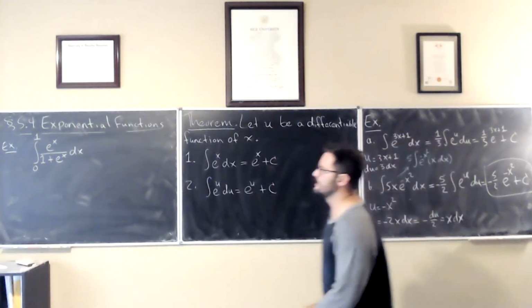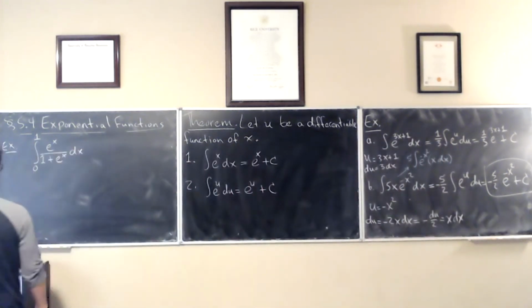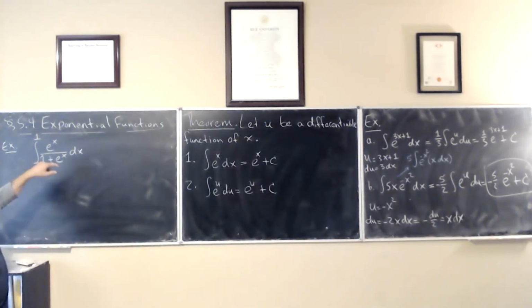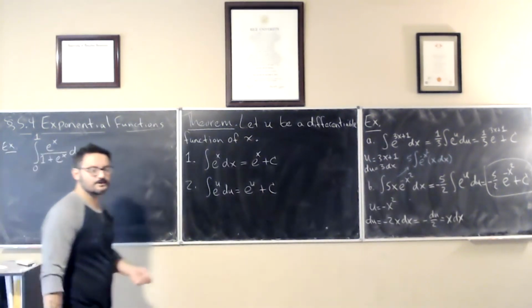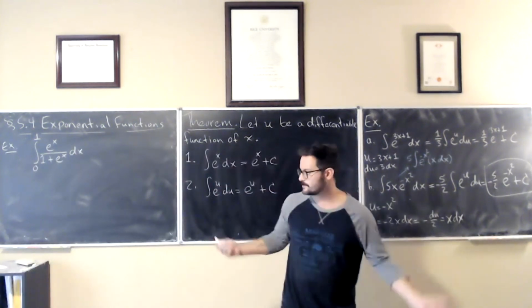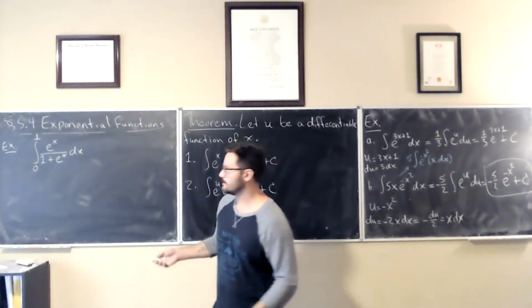Okay, so immediately I see that if that's my u in the denominator, then my du is in the numerator. That's good. Whenever you see that, then we can use the natural log.